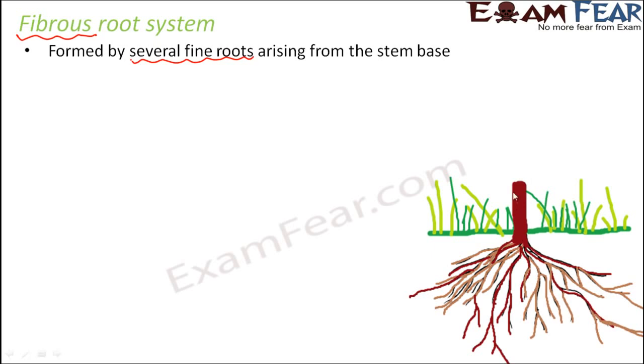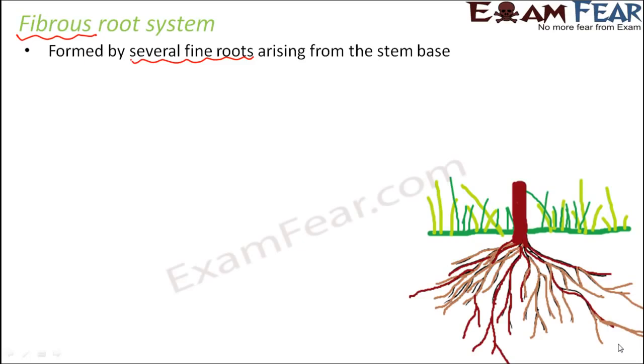So here if you see, this is your stem. Now from the base of the stem, you see there are small thread-like structures arising all around, right? And again from those structures, thinner structures are coming up. So this kind of a structure is a fibrous root system. I'm sure that you're able to distinguish between the two. In taproot, you have one thick initial root, from there you have branches.